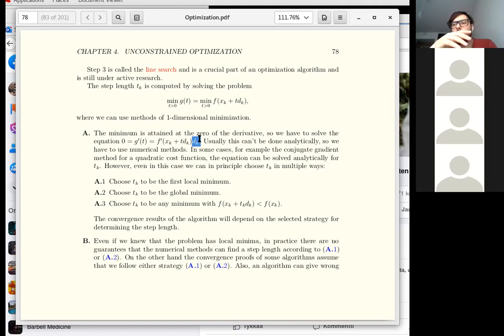But then maybe the assumption is that the step length is determined by a global minimum, while in reality you are only looking for some kind of minimum. Then obviously the algorithm doesn't necessarily converge, even though there is a proof that it converges, because you're actually doing something differently than what is assumed in the proof.